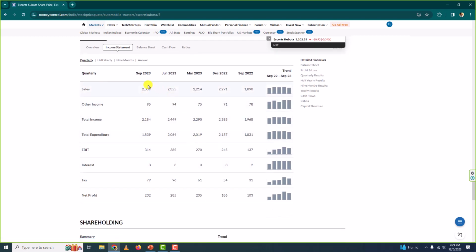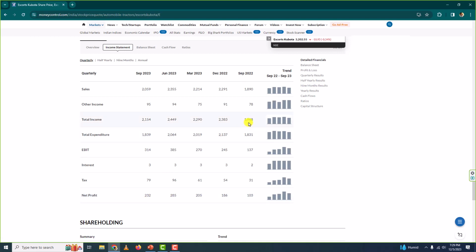So if you see the previous 5 quarters, the net profit has been rising from one quarter to another. It was 103 crores in this quarter, and it increased to 186, next to 205, next to 285, and here there was a decline to 232.